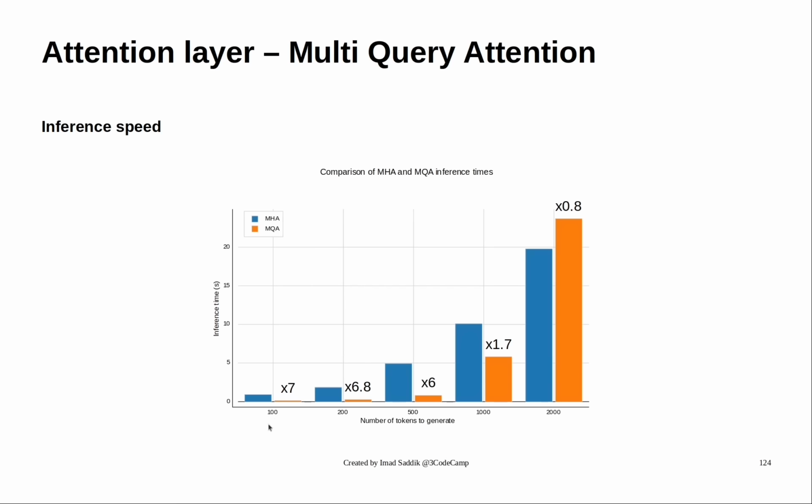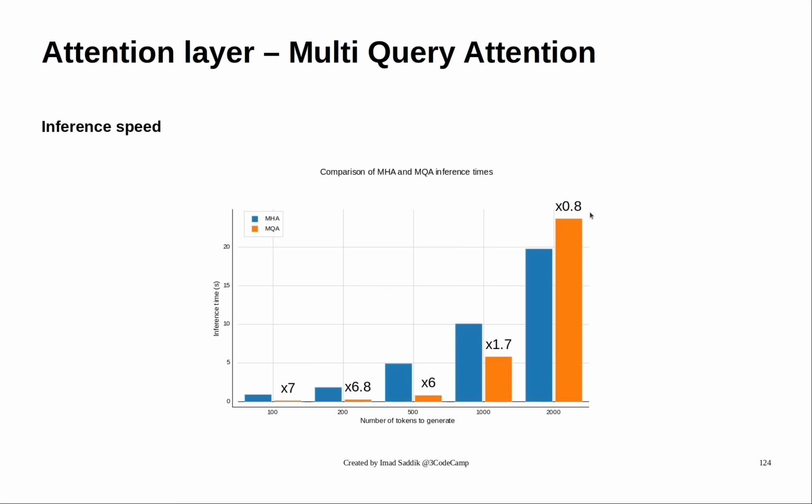So he used 128, here I have 100 tokens, and here I got 7 times faster inference speed. And again, the model here is small, so if I increase the model size, this value will change also. But this matches what Noam observed when he was writing that research paper.